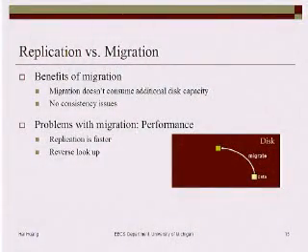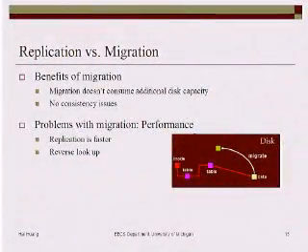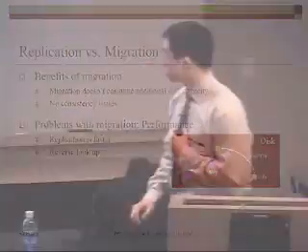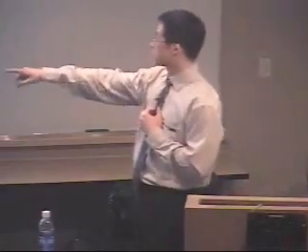And the second problem is this reverse lookup thing. You can't just migrate data from one location on the disk to another location on the disk because there are other data structures on the disk that point to the data that you need to update. For example, the inode structures. So it's very difficult to actually go from the data blocks that you want to migrate to the inode structure.